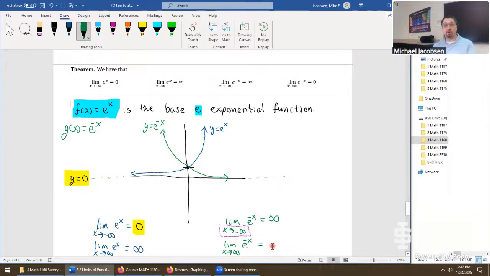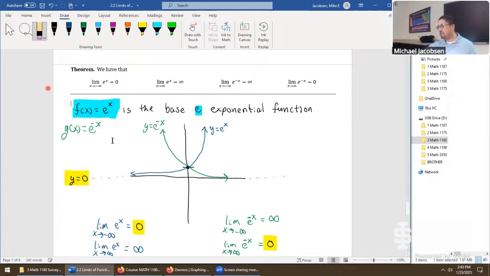But how about this one, the one down below? Anyone see the value for this limit? Absolutely. In class, folks are saying 0. So really all we're doing now is going in this direction towards the right. Value of the limit is the horizontal asymptote of 0. So let's connect that as well, highlighting.